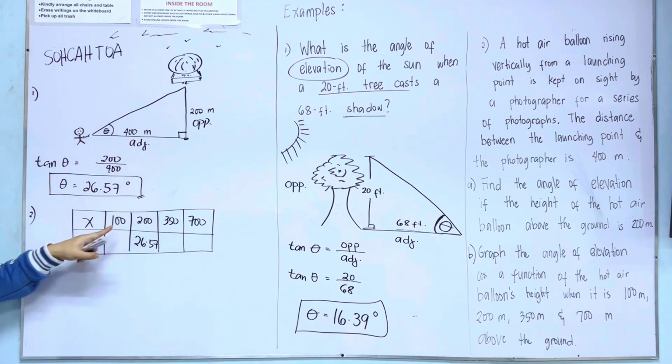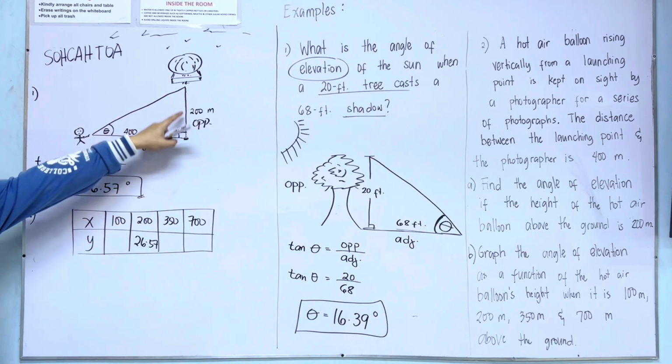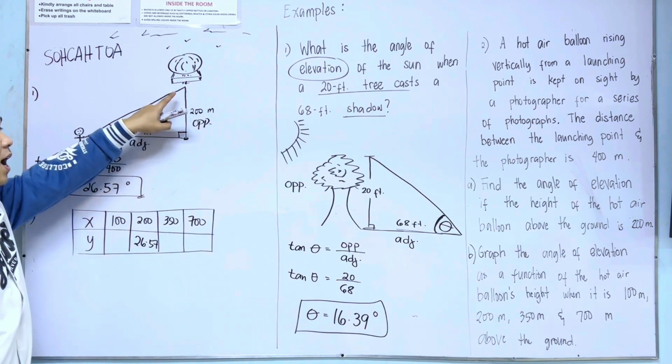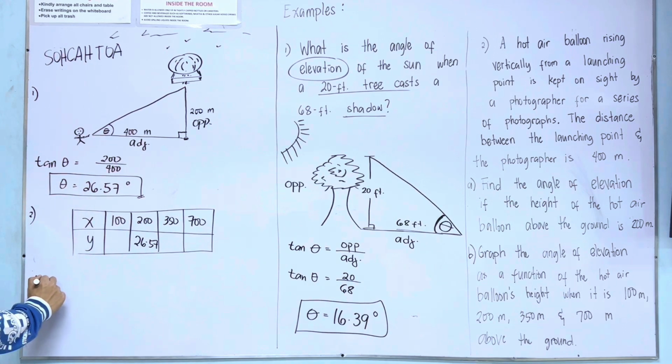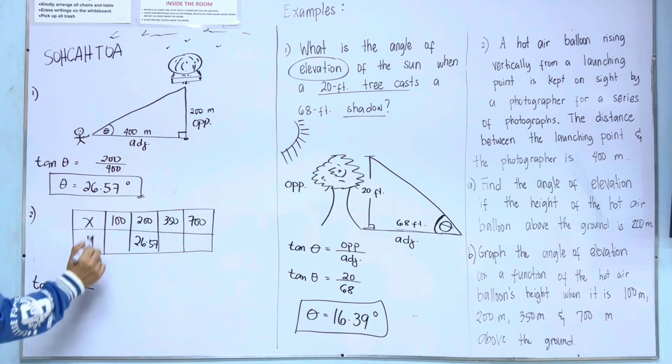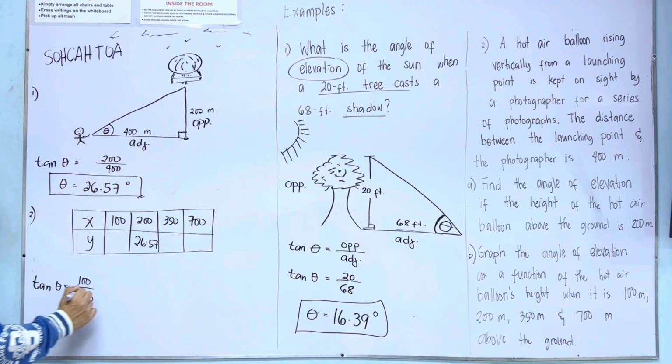Kunin naman natin, pag yung height daw naman ng hot air balloon ay 100. So, magiging 100 over 400. So, anong theta natin? 14.04 degrees.